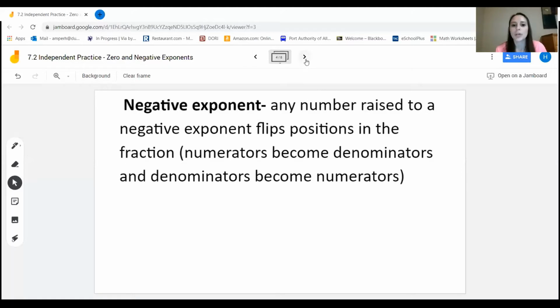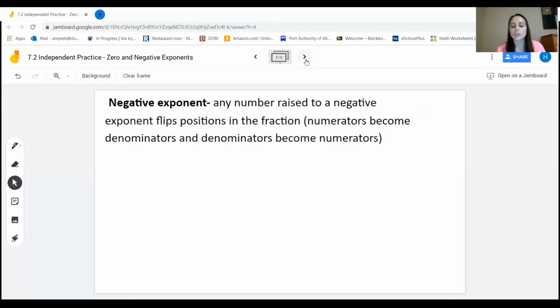I'll show you kind of where this comes from as well. It's again using that monomial division property, okay?